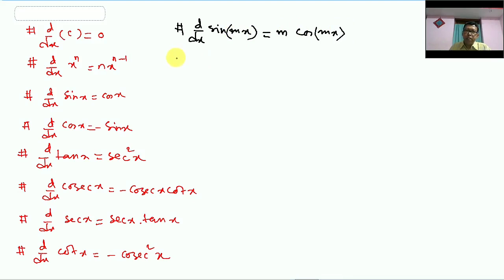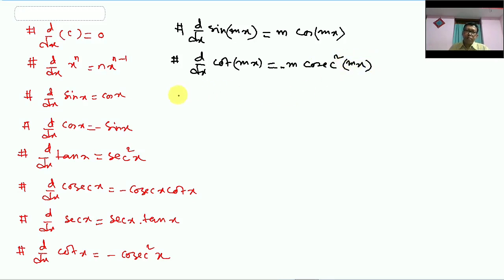In this way the others also. The last one I write: d/dx of cot mx is equal to minus m cosec square mx.